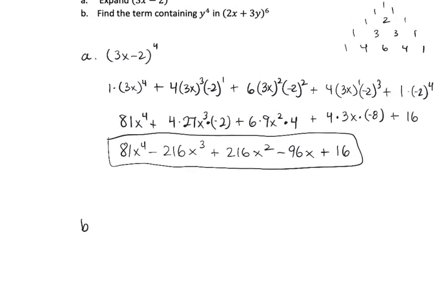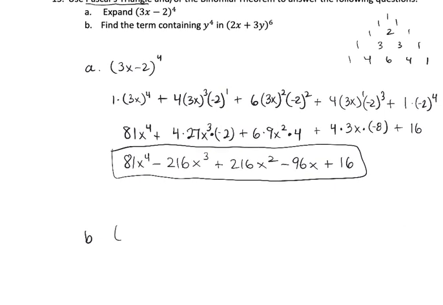Now part B, they're not asking for the entire expansion. They're asking for one particular term. It would be like picking out just one term from the entire expansion, and it's a particular term that's going to contain y with an exponent of 4.